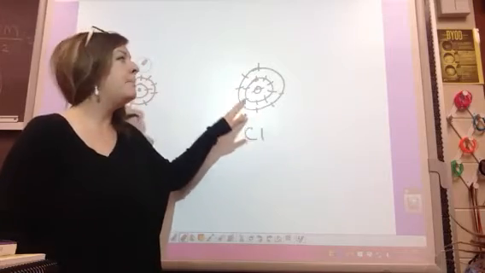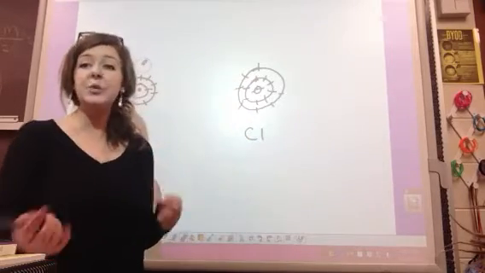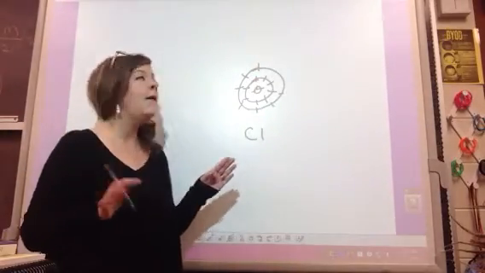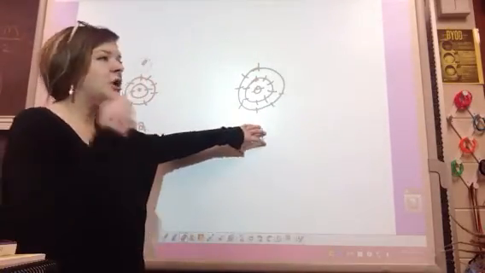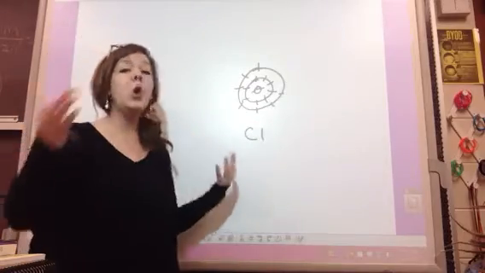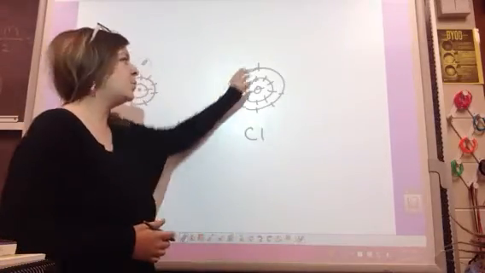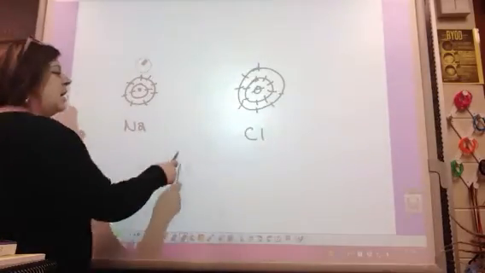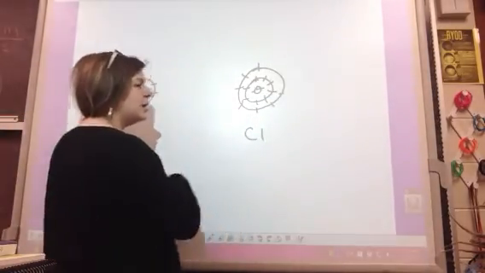Absolutely not, because it only needs 1 more. It actually wants to gain 1 more electron. It doesn't want to remove any at all. So the ionization energy for chlorine would be so much greater because it doesn't want to lose any, it wants to gain 1 more. Because of that, ionization energy for chlorine is huge.